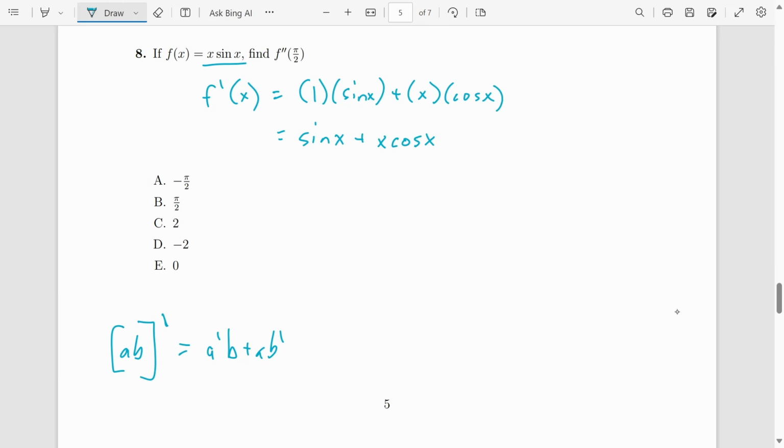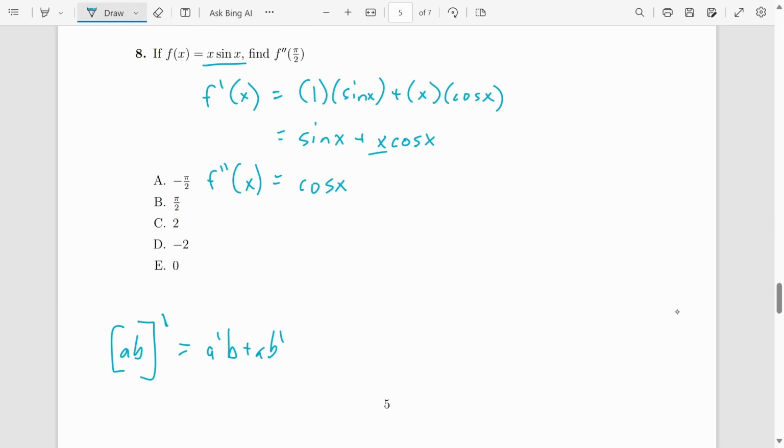So there's our first derivative, and now the second derivative, f double prime. Is that the way that you say it, double prime? Probably not, but that's the most clear way that I can see it. So f double prime of x equals, so derivative of sine of x is cosine of x. Derivative of x cosine of x, that is another product rule.